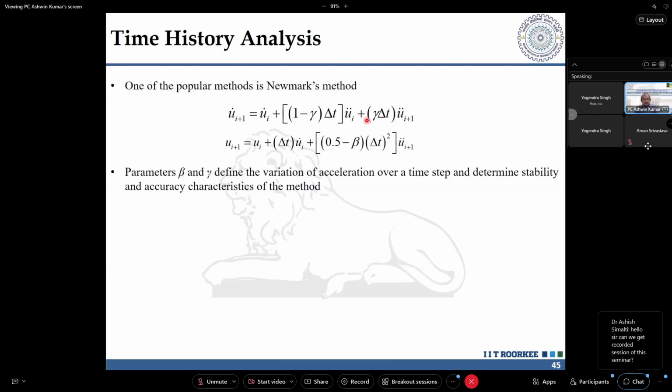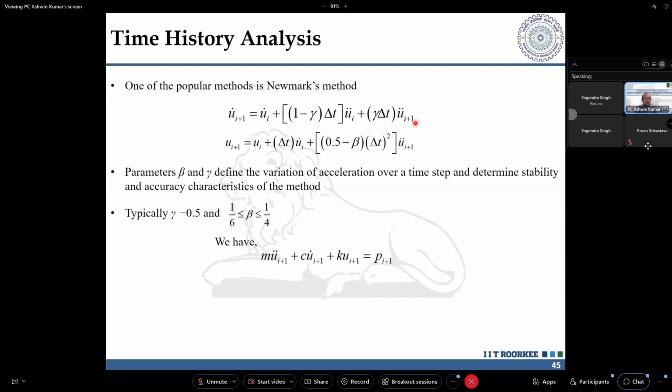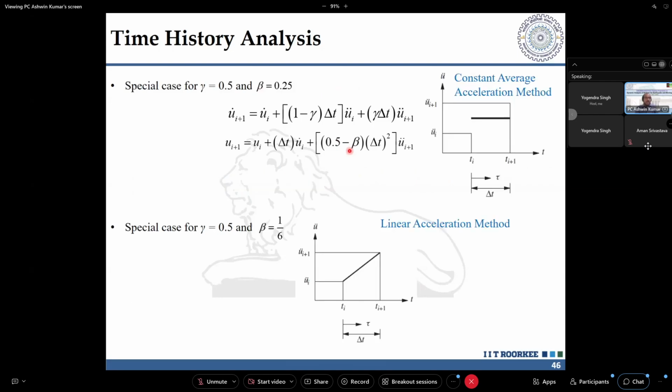But while predicting it, you need to have the answer for u double dot at i plus 1 also. So it is like you want to predict, but you need to predict something else in that. This is a kind of implicit solver that you see in the Newmark method. And then you have certain factors, gamma and beta, that come into the picture here. Choosing a certain gamma and beta relates to a certain solution.